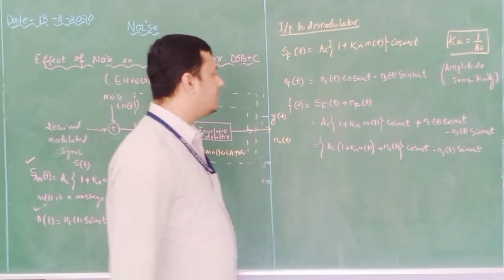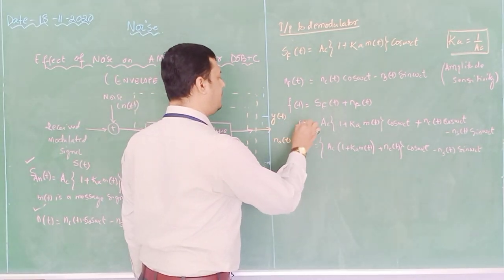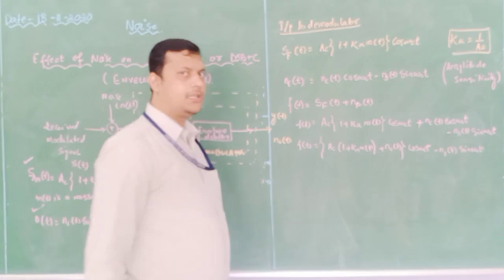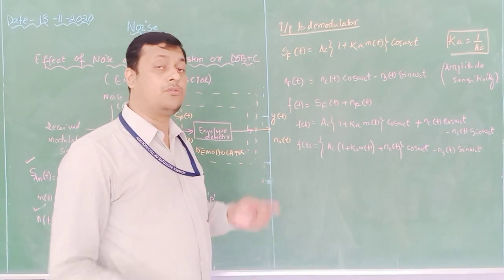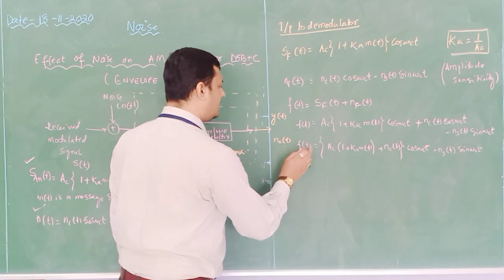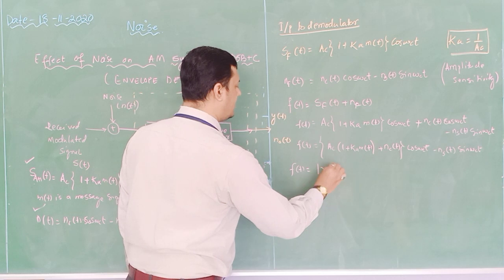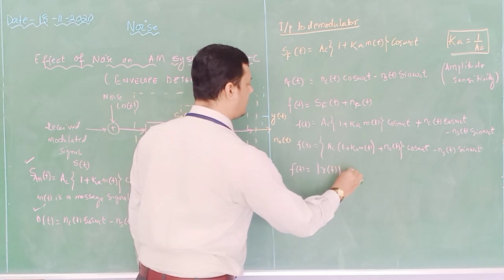Done. Now this is my f(t). This will be my input to the envelope detector. Now the envelope detector monitors only the magnitude. Now let us consider this f(t), the magnitude I can write as mod of r(t).